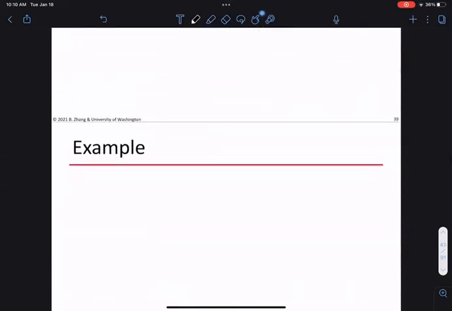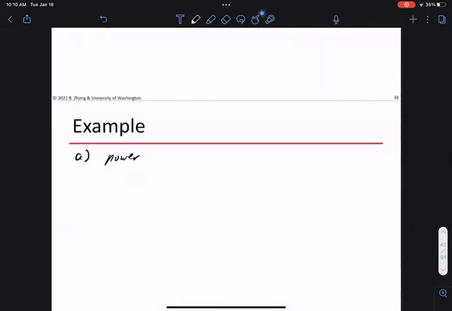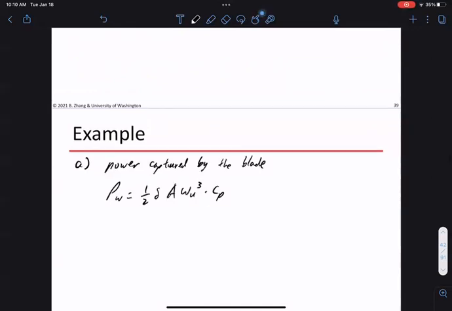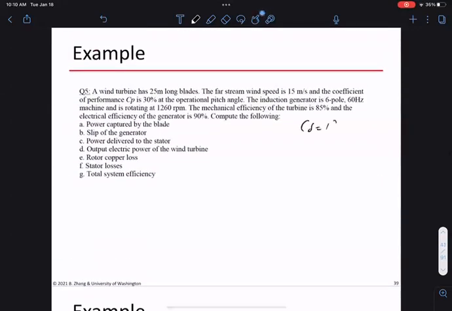Let's compute the power captured by the blade. This is the power in wind, half rho A v cubed, multiplied by C_P, right? Again, if the problem doesn't say, assume the density of air is 1.